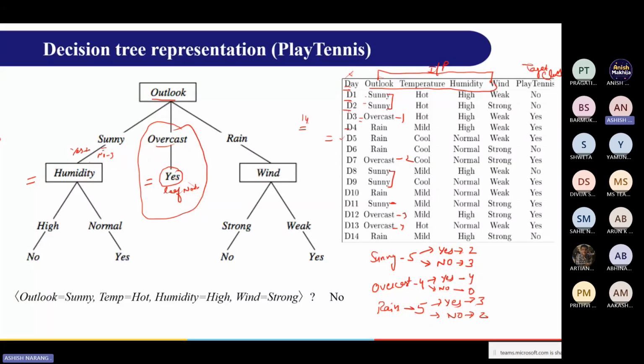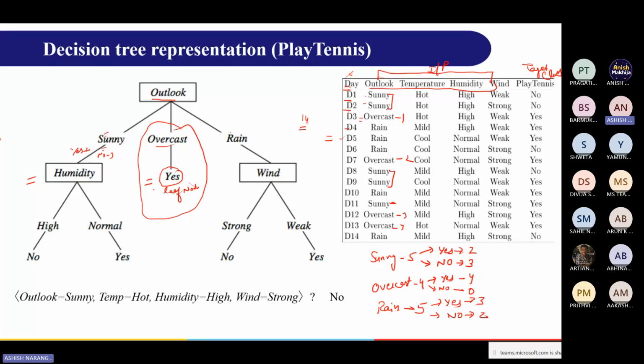So is it giving me any kind of a pure classification here? If I go for outlook as rain, there is still what we call an impurity, because some records belong to yes and some records belong to no. So if I take sunny and rain, I still need to test more attributes.